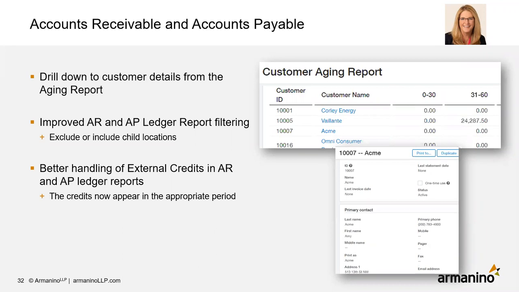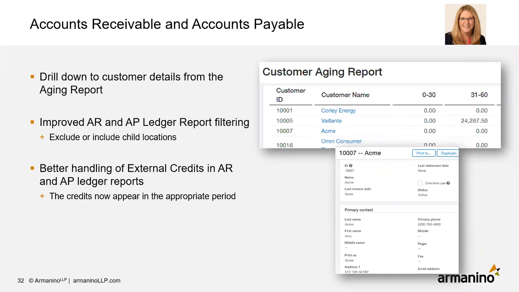They've also improved the accounts in both accounts receivable and accounts payable ledger, the report filtering. So now if you filter by child locations within an entity, the line items tagged to other child locations are omitted from that report, which gives you more accurate information.